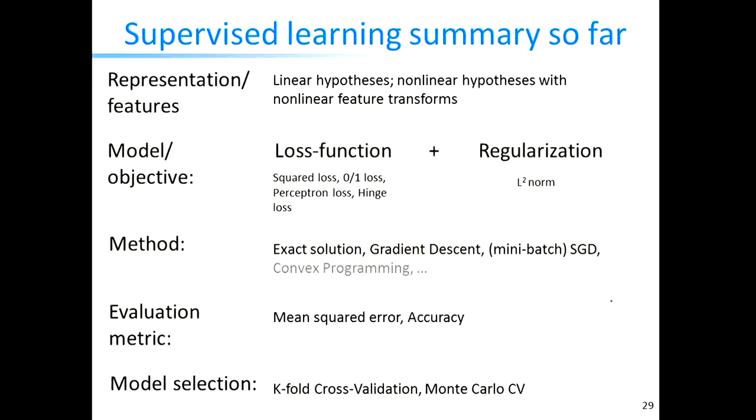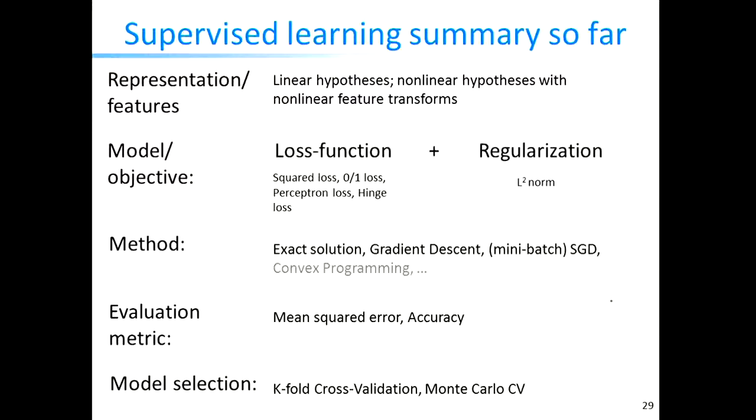Another thing I want to bring up, and we'll keep adding to it, is an important summary. When you talk about machine learning in general, and supervised learning in particular, it's important to cleanly separate out these different concepts. One is: what kind of functions or hypotheses are you reasoning about?